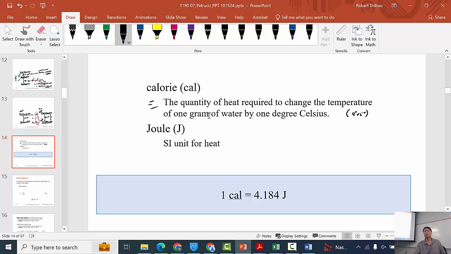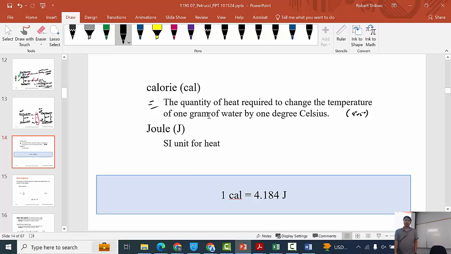But it doesn't change much, so we just use it. If you want the exact definition, that's it. And so it takes about 4 joules to equal 1 calorie. This is defined mechanically, and this is just defined as heating water.